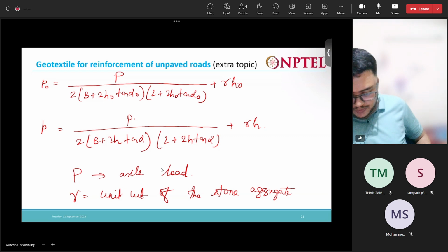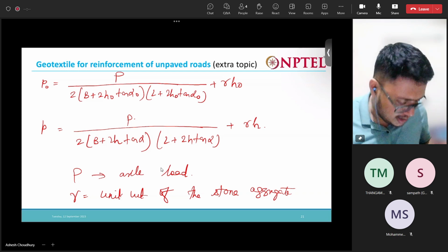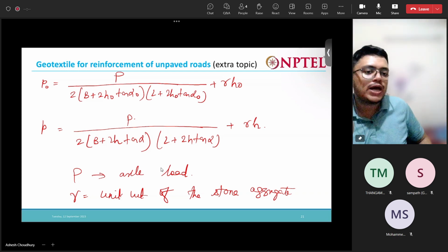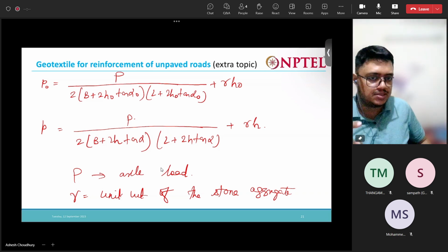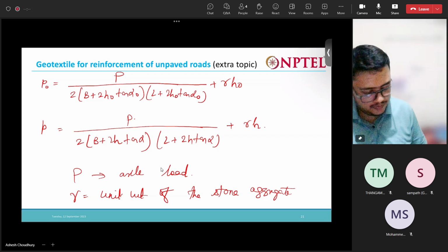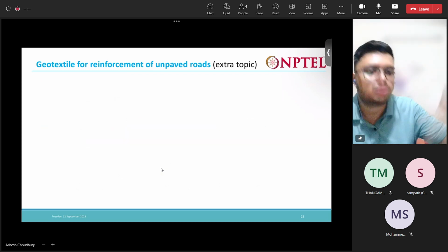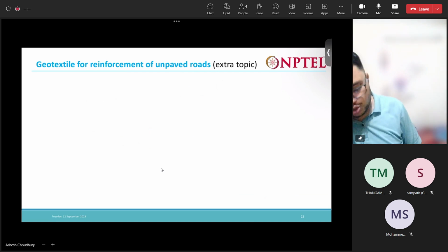Now, what happens is that it is assumed that in the first case, when we are not using any reinforcement, the soil reaches its elastic limit. This is what we assume. So we equate P naught to the elastic limit of the soil, C plus gamma into H naught.